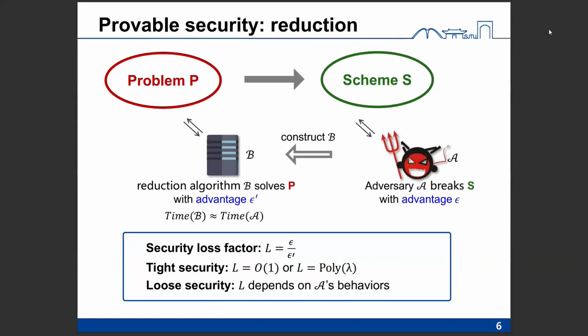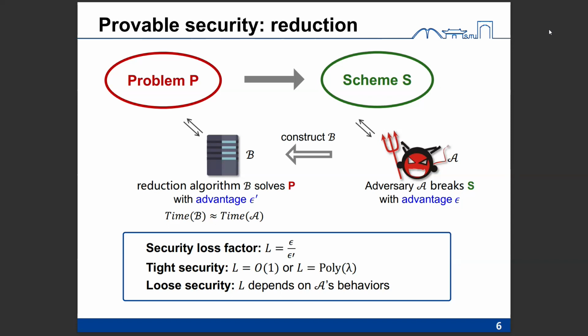Well, in this work, we also consider tight security. So we may tell something about reduction. We know in a proof of security, we design a protocol or a scheme based on some problem P, and we make a reduction to prove the security. In the reduction, we define the security loss factor L as epsilon over epsilon prime, where epsilon is the advantage of the adversary A, and epsilon prime is the advantage of the reduction algorithm B. From the definition, we can see, obviously, the smaller the security loss factor is, the better.